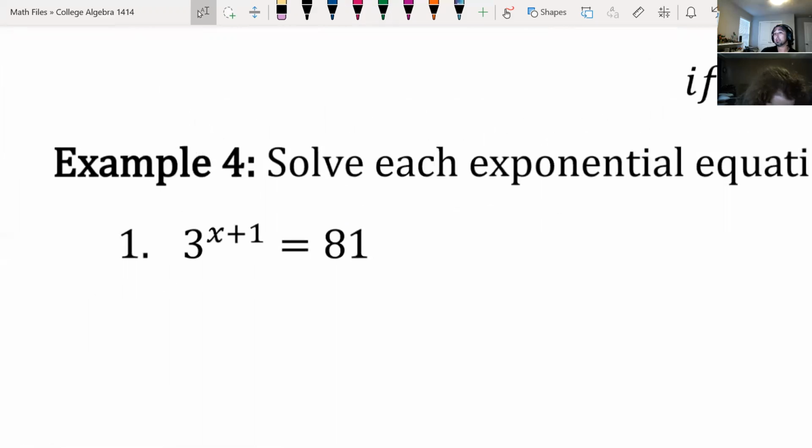All right. So number 1, you have 3 to the x plus 1 equal to 81. In order to use that equality property, the bases must be the same, which they are not. So what you want to ask yourself is, is it possible to make 81 into a base of 3?